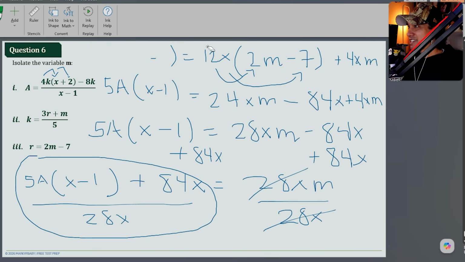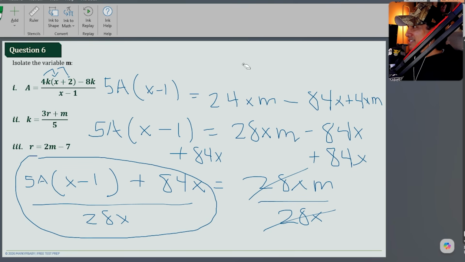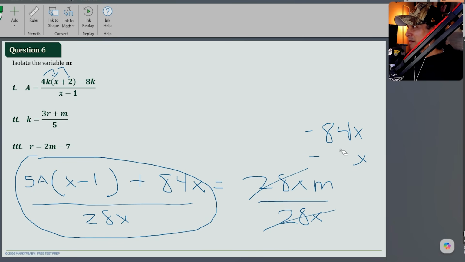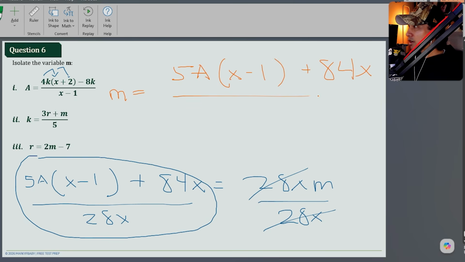Okay, and let me just erase this all at the top so you could see the full equation isolating for m. And I'm going to write this in orange. M equals (5a(x minus 1) plus 84x) over 28x.